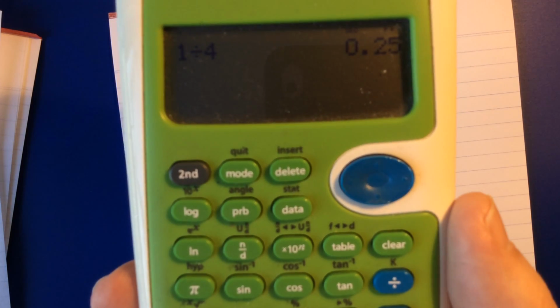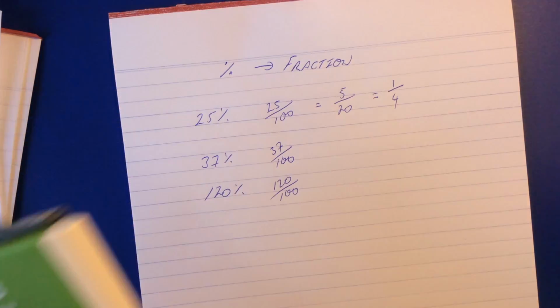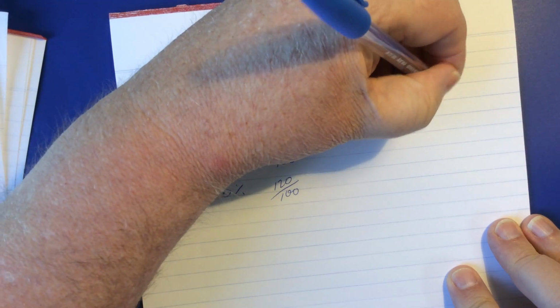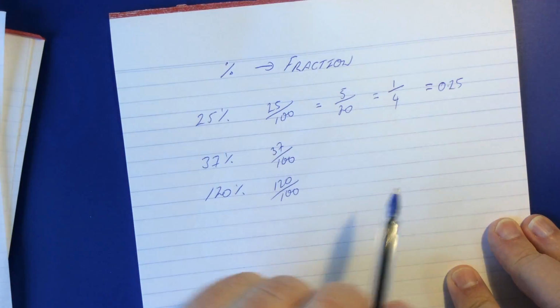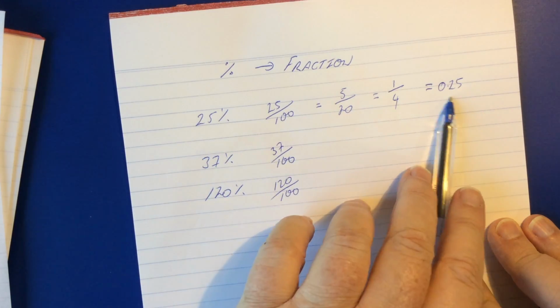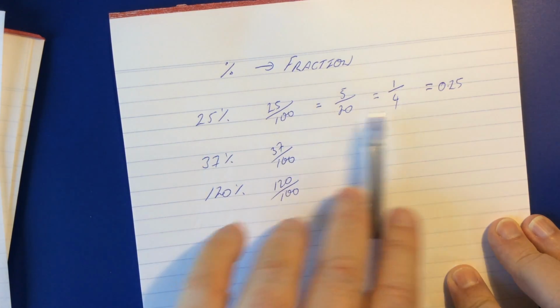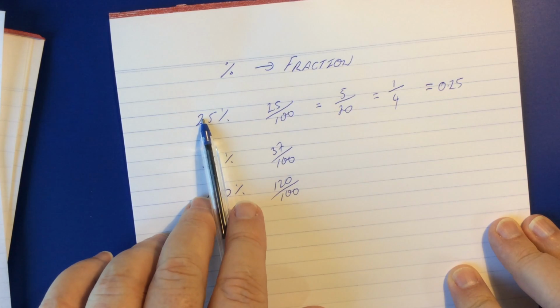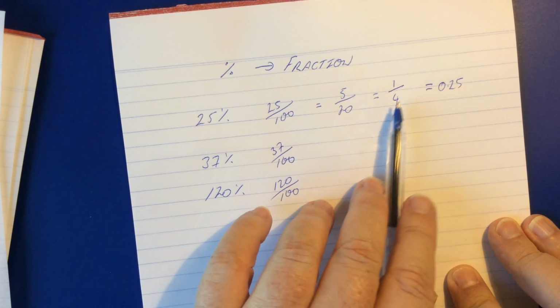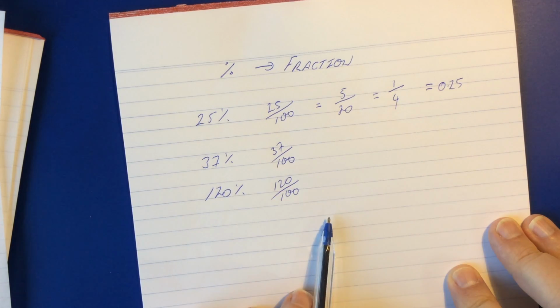The decimal of that is 0.25. So that equals 0.25. Please note the coincidence in the numbers. 25% is 0.25. It is also 1/4.